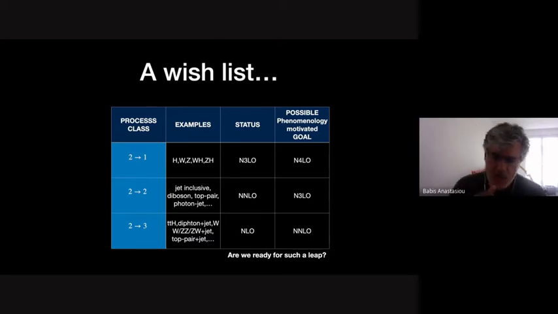However, we would like to go further. This is motivated by the high luminosity LHC physics program. So we would need to calculate 2-to-1 processes, perhaps at N4LO. This is not mostly for phenomenology, but in order to understand the convergence pattern, to make sure that what we believe is precise at N3LO is indeed precise.